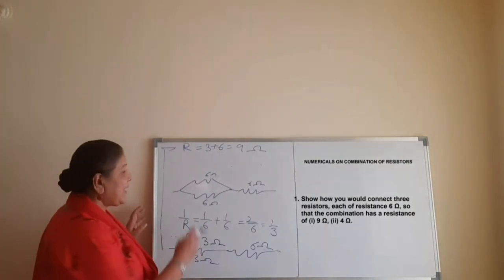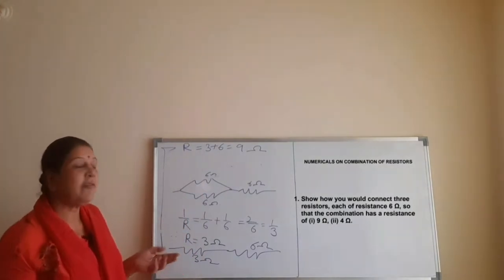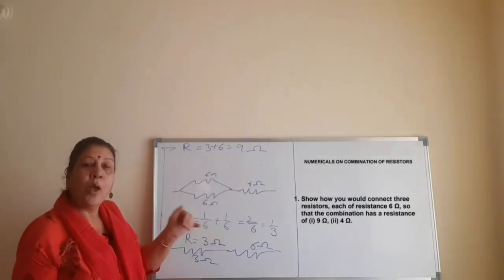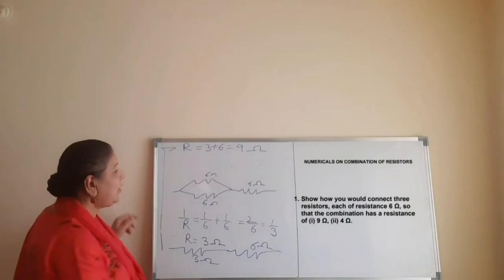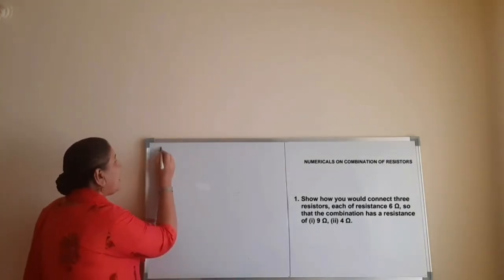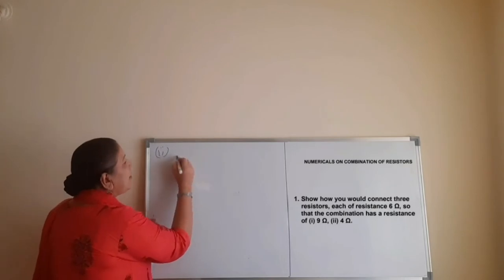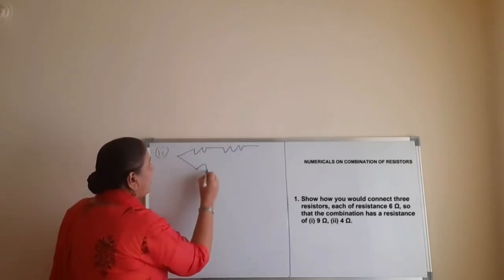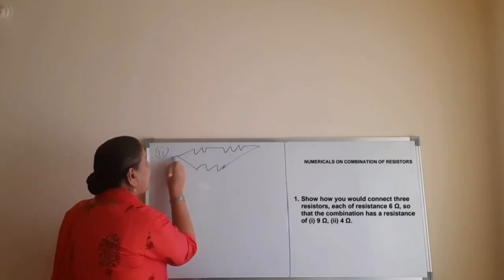Now the second case. We have one more option left where two are in series and across that one is in parallel. So I'll show the diagram and then it will be clear to you. The next option is when two are in series and one is in parallel with that.